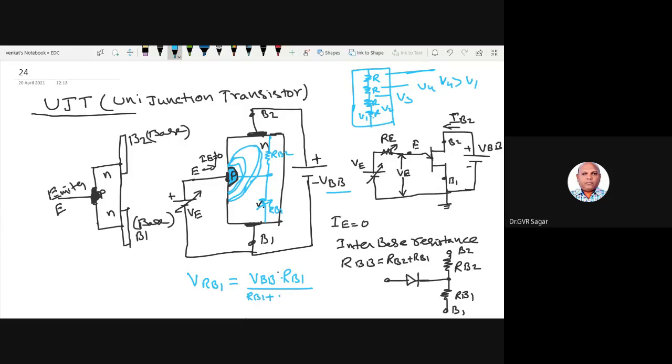This is the voltage drop across RB1, right?